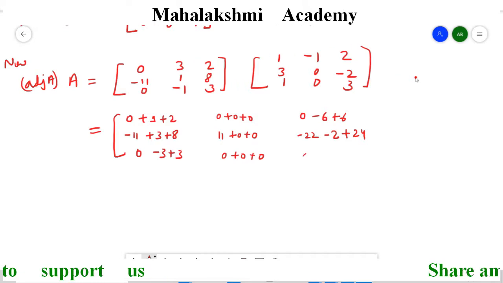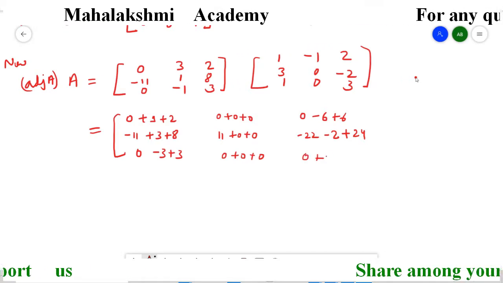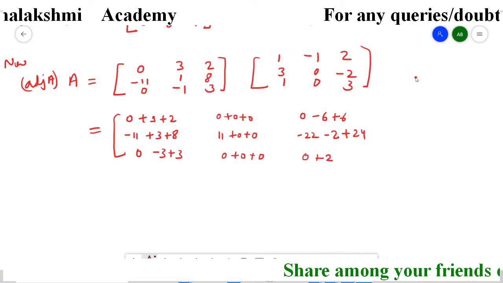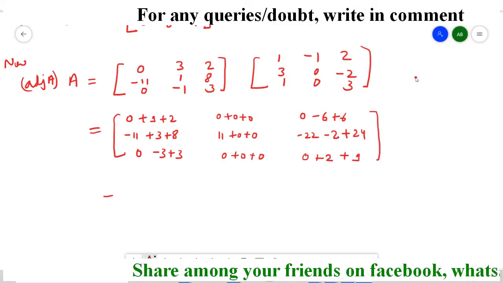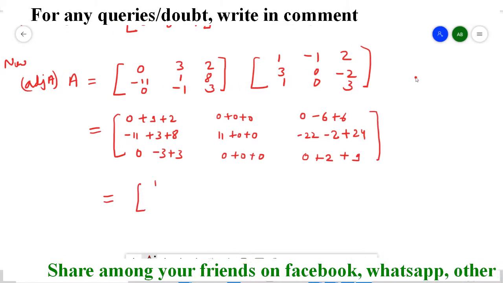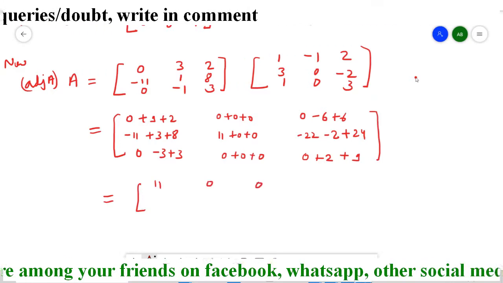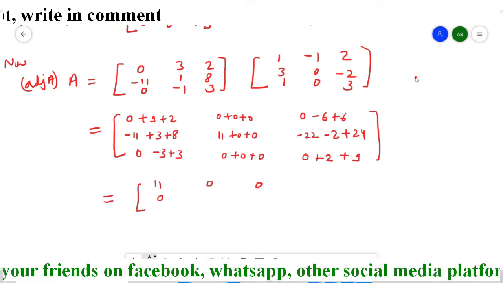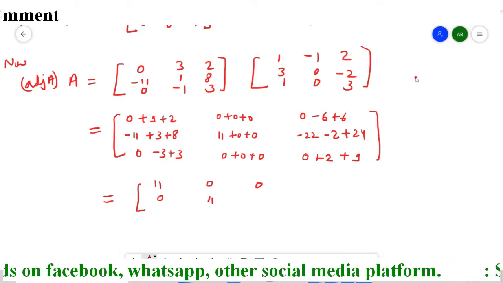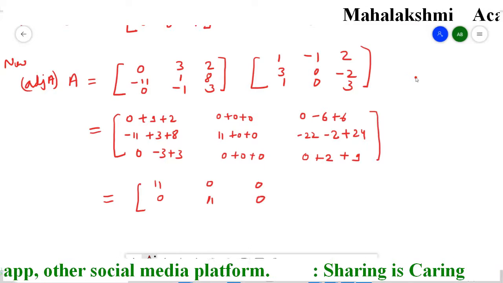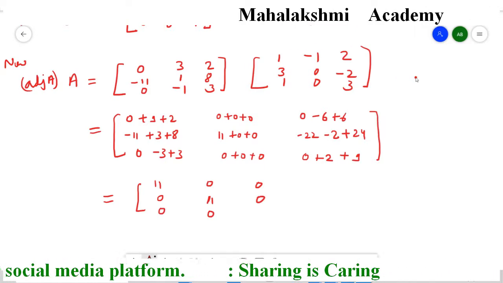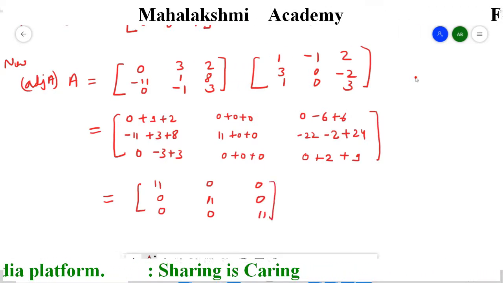And in this place first you will get 0, then plus 2 and plus 9. We'll simplify. So we'll get here 11 0 0, 0 11, this is also 0, this is 0, this is also 0, and then 11. This is our equation 5.